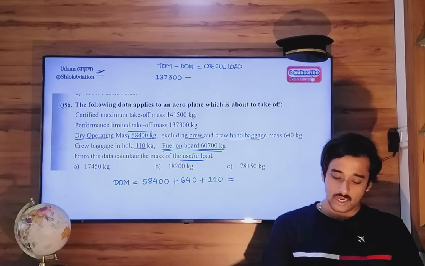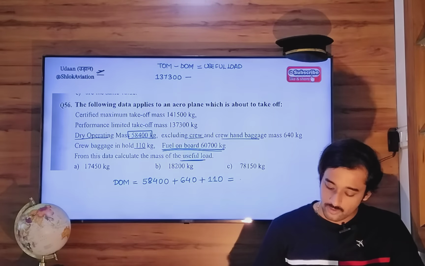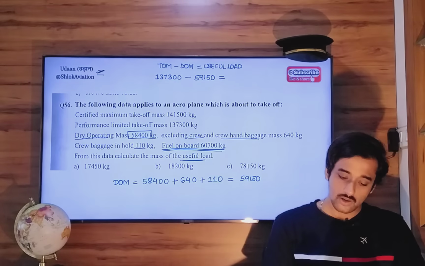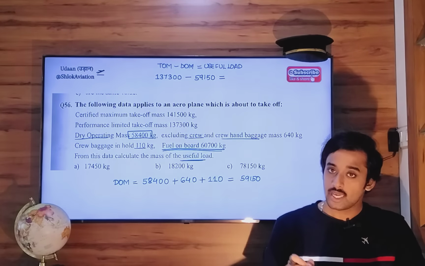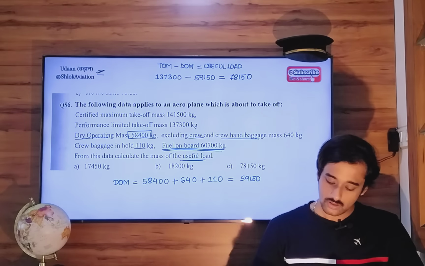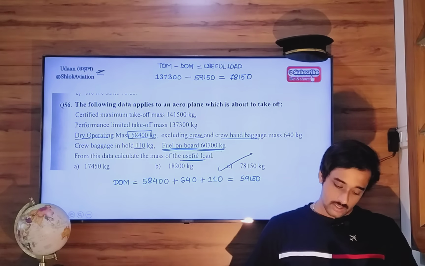So 58,400 plus 640 plus 110 is 59,150. 137,300 minus 59,150 is equal to 78,150. Is option Charlie. Okay. Next.